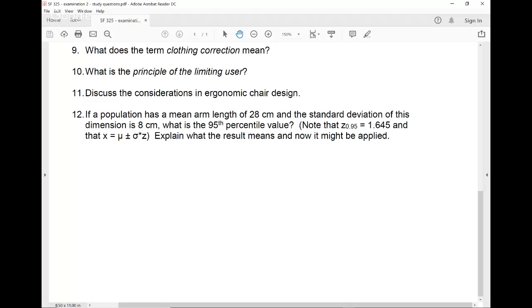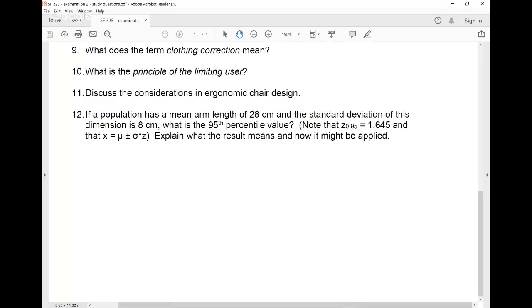So let's say a population has a mean arm length of 28 centimeters. Let's say you went out and measured; if you were a certified professional ergonomist, it might be your job to do this sort of thing.